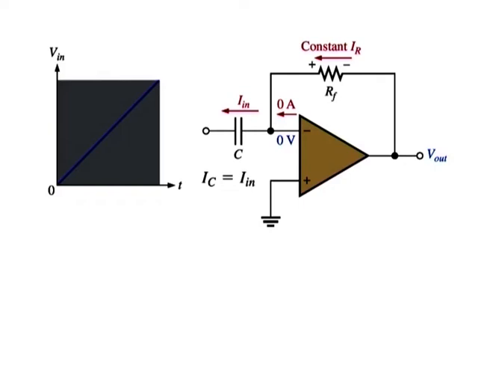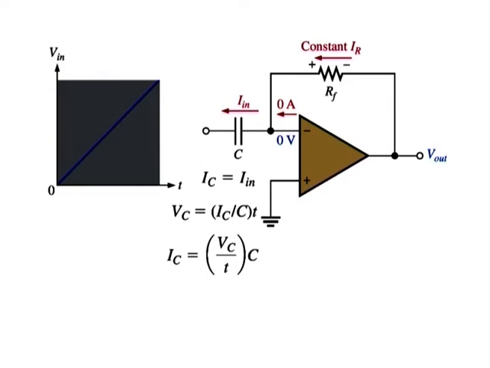From the basic formula, Vc is equal to Ic over C into T. The capacitor current is given by this equation where Ic is equal to Vc over T into C. Since the current at the inverting input is negligible, IR is equal to Ic. Both currents are constant because the slope of the capacitor voltage, that is Vc over T, is constant.